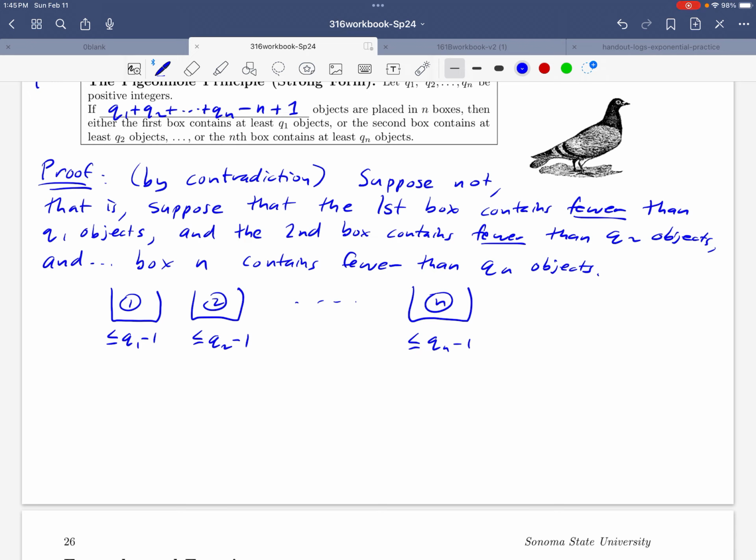But then think about what that's saying. If we add up all of those objects, then the biggest number of objects that could be in all of those boxes together would be the sum of all of these numbers that we just wrote down here. Let's write that down and see what that looks like.